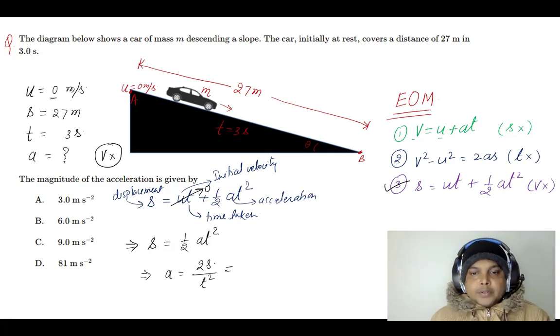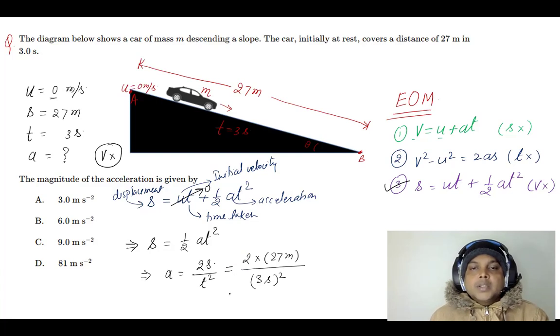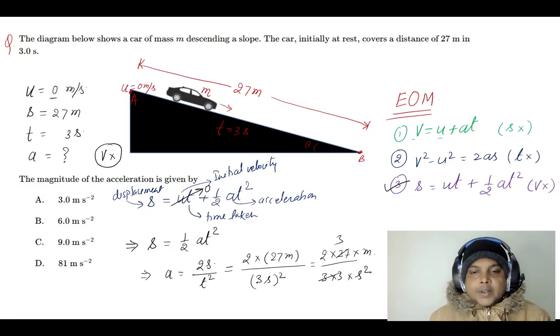Now I have all the values, so we put them in: 2 times the total displacement, 27 meters, divided by the total time, 3 seconds, squared. So we have 2 × 27 meters divided by 3 × 3 seconds squared. Now this will cancel, and we'll have 6 meters per second squared as the acceleration that we were required to find.